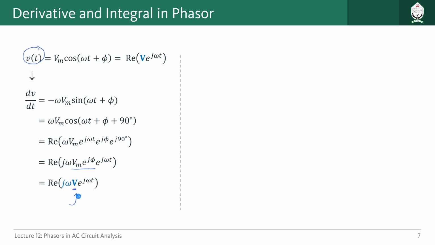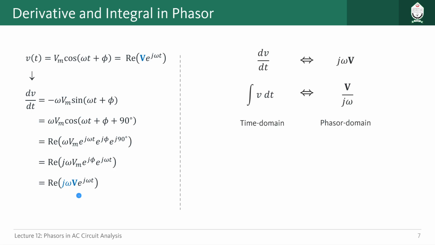Now what we are seeing is that to find the derivative of a signal in the phasor domain, we just multiply by j omega, right? That is what we have done here. For v of t, its phasor is V, and after calculation we found that the phasor of d/dt of v is j omega V, right? So that is what we have learned here.